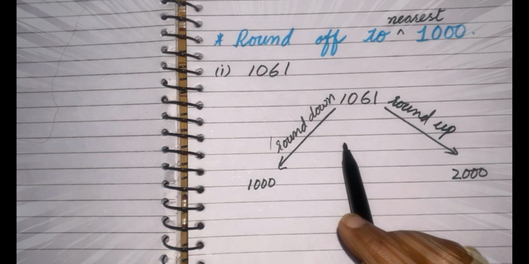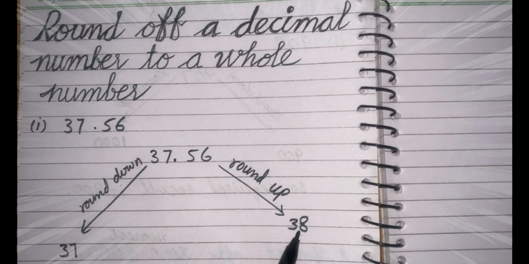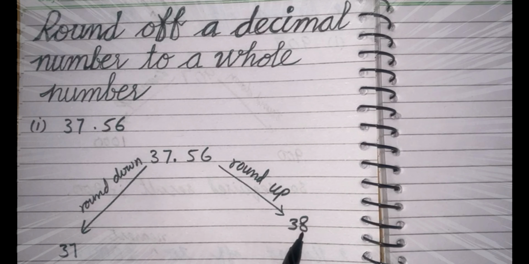Okay, now which is the correct one for this? We will check the number which is after the decimal point. Here after the decimal point we have 5. If we have 5 or more than 5, we will round up to the whole number, that is 38. So our required result is 38.